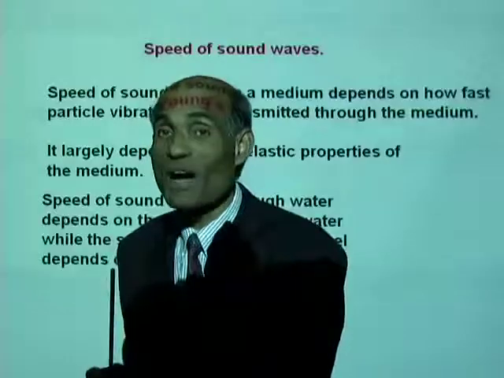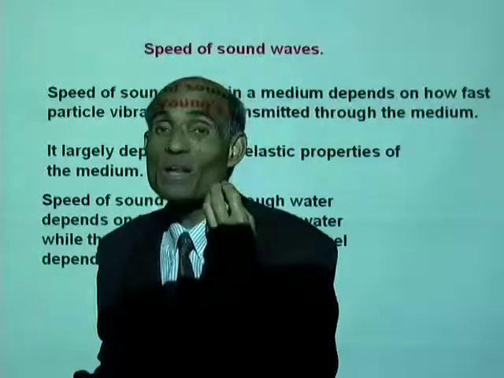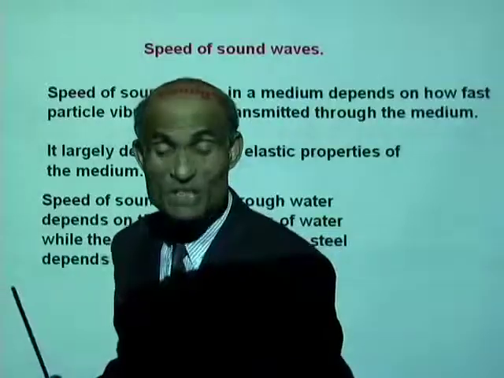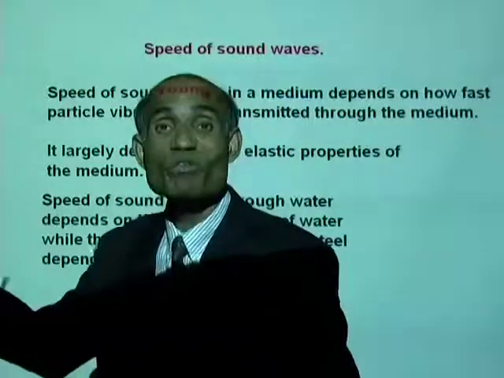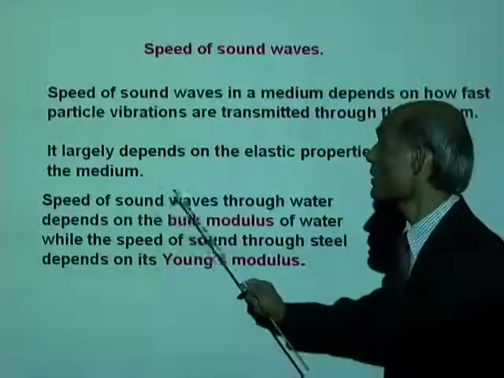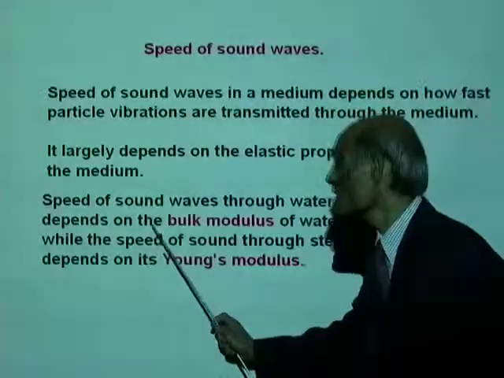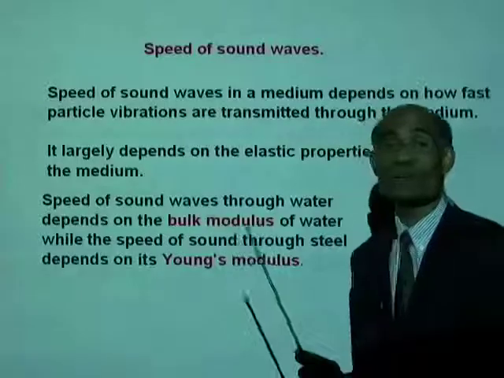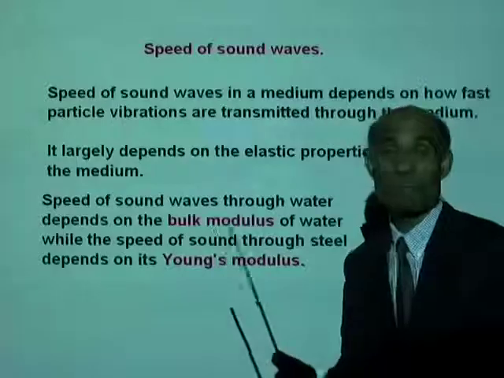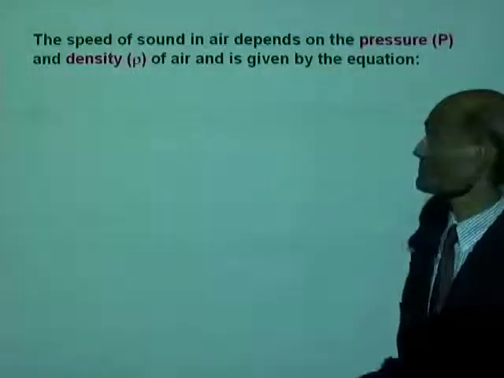You see, the speed of sound in air is only about 340 meters per second, whereas in steel it travels over 5,000 meters per second. So the speed of sound in water depends on the bulk modulus, whereas the speed of sound in steel depends on the Young's modulus.